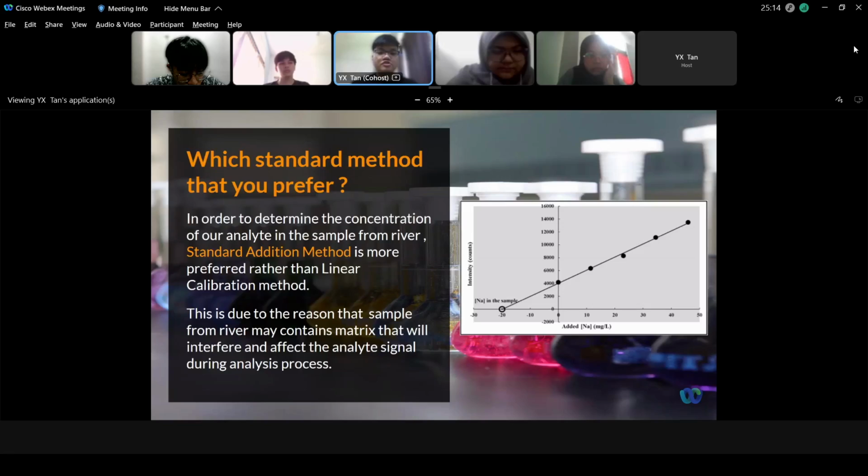We prefer the standard addition method because it takes the matrix effect into consideration. The matrix will interfere and affect the analyte signal during the analysis process. So that's all from me.